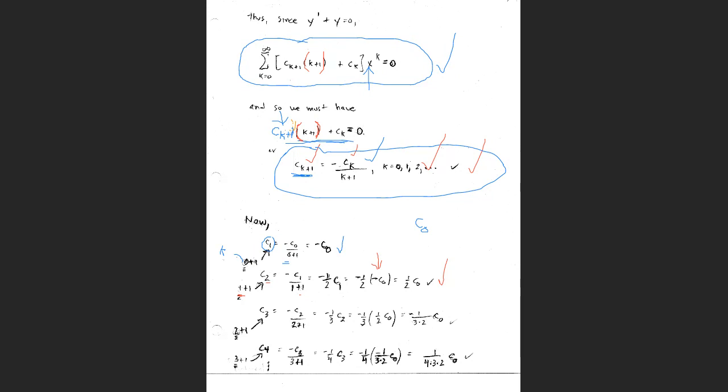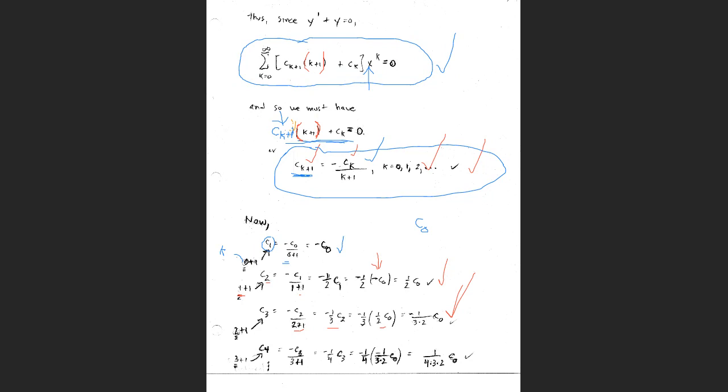All right, well, we can keep going here. c sub 3 is going to equal negative c sub 2 over 2 plus 1. So that's negative 1/3 c2. But c2, by the second equation there, is 1/2 c0. So c3 is negative 1/6 times c sub 0.